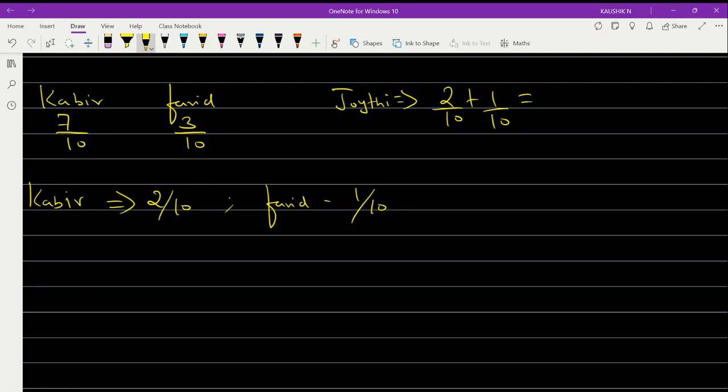So Jyoti has acquired 2/10 from Kabir and 1/10 from Farid. So altogether, Jyoti's share is going to be 3/10. Now is it clear?